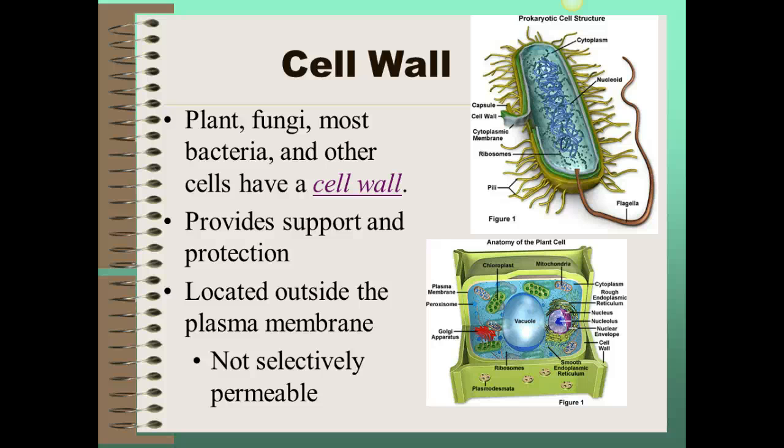Remember that for your magnification on your microscopes, you have an optical lens, and it's at 10. And then the objective lens that you're looking at, you have to look at the number on the objective lens and multiply those two numbers together. So if you have a 4 on your objective lens, then 4 times 10 is 40, and that's your magnification.